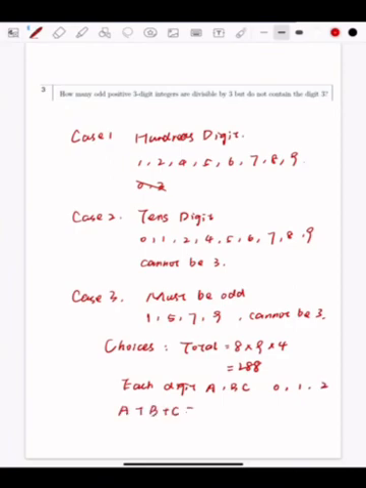Because we need to be like this, and this. The only number that is. So the answer is 96.